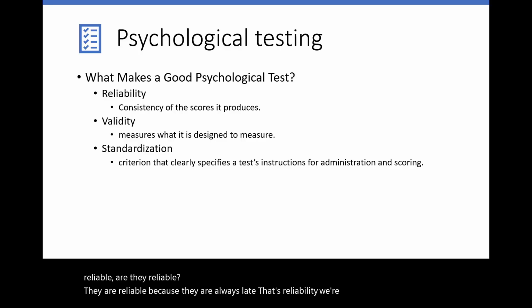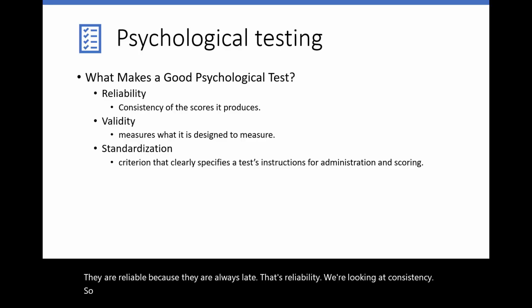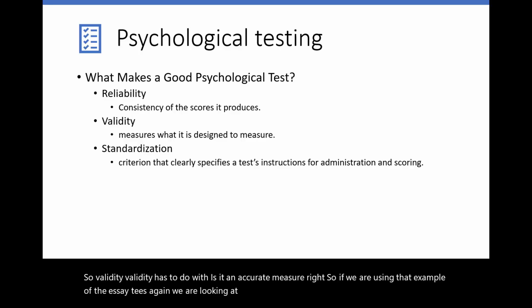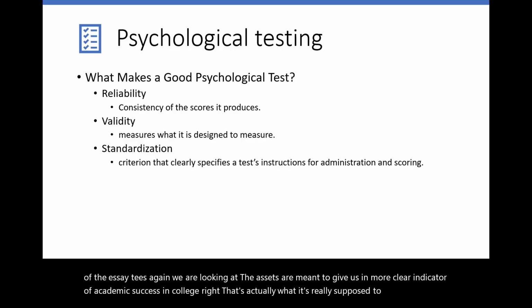So validity has to do with, is it an accurate measure, right? If we're using that example of the SATs again, the SATs are meant to give us a more clear indicator of academic success in college, right? That's actually what it's really supposed to be for. However, it doesn't really prove academic success.